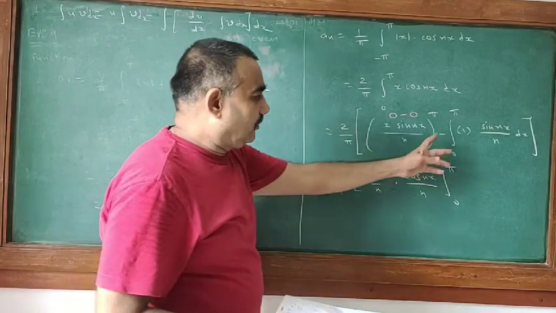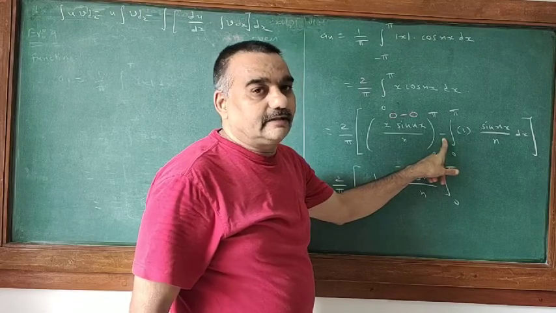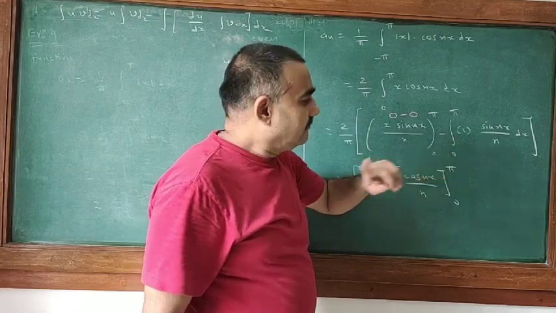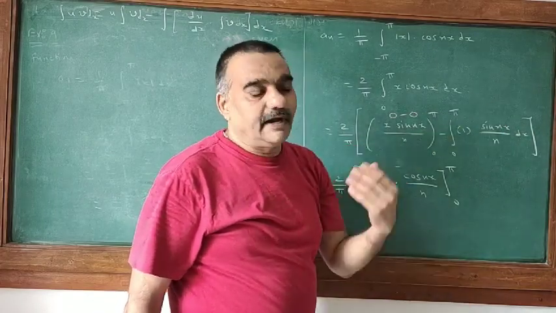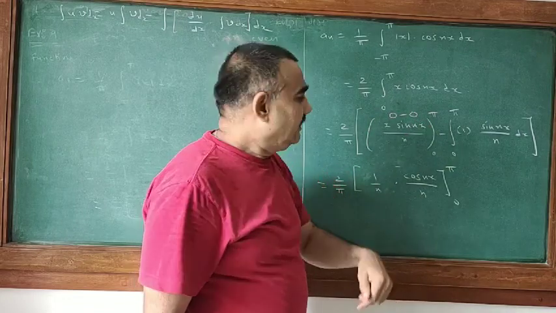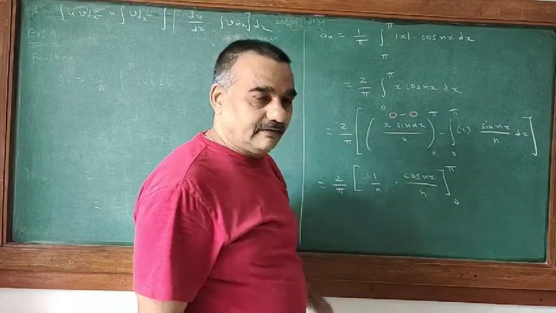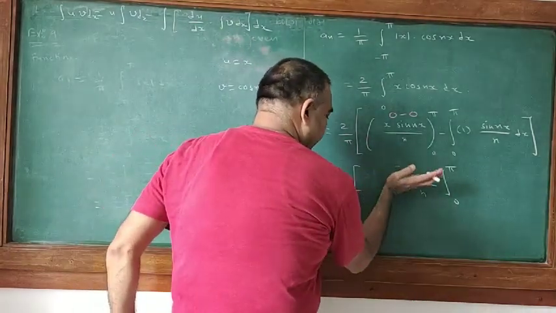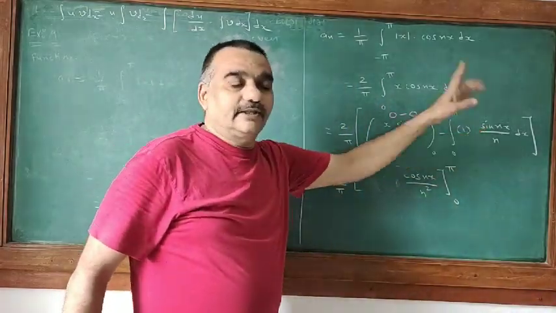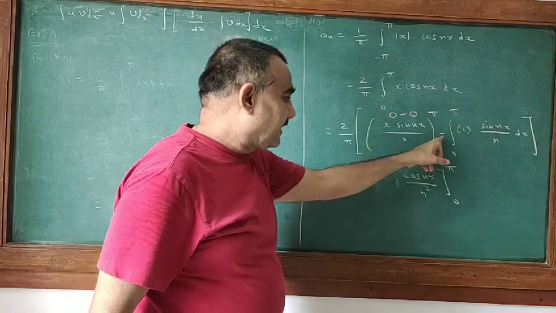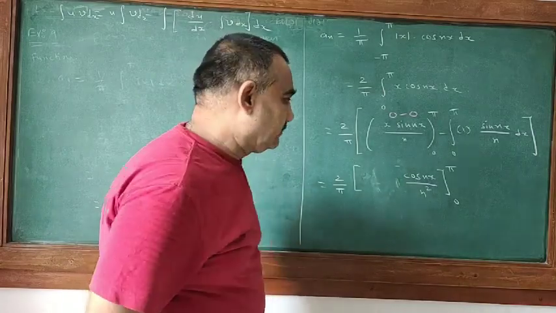See here, this is 1 upon n there. Actually there is a sign of minus. But whenever we integrate sin nx, the integration of sin nx is minus cos nx and we should divide it by n. And therefore it is cos nx upon n square actually. If you write in brief, it is cos nx upon n square. As integration of sine is minus cos nx, there are two times we have minus sign and therefore it is positive.